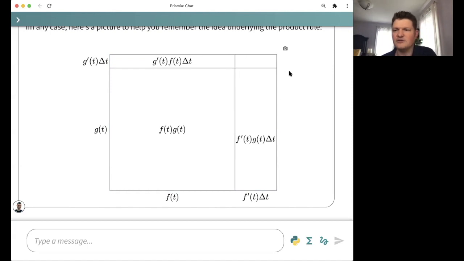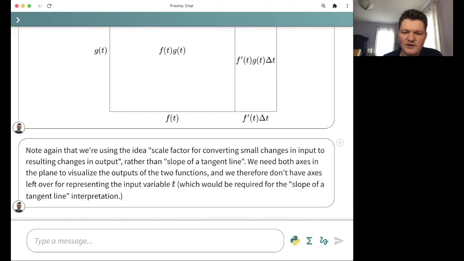So that's a geometric manifestation of this second order concept. We're throwing out this little rectangle up here and we're giving something up, but it's not very much compared to the small change that we're preserving, which is the areas of these two other rectangles. And just to point out, this is another instance where the geometric picture where you're focused on the slope interpretation of derivatives doesn't really give you the insight you need.